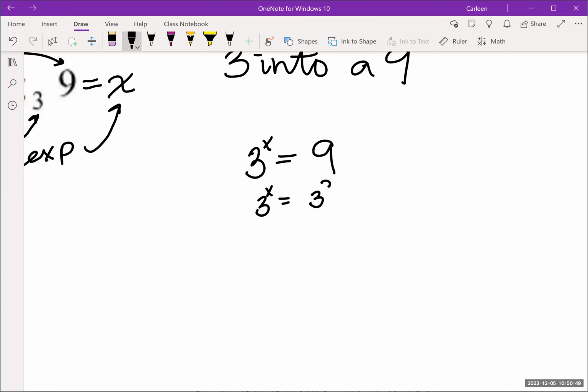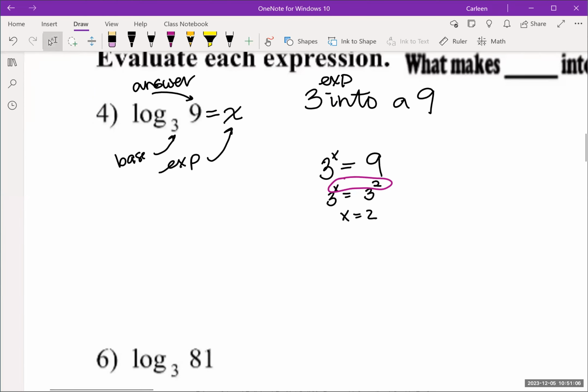All right, 2. 3 to the second power is 9. And then I say, if the bases are the same, then the exponents are the same, x equals 2. So what exponent makes a 3 into a 9? 2. So log base 3 of 9 is 2. Or you could just say 2.